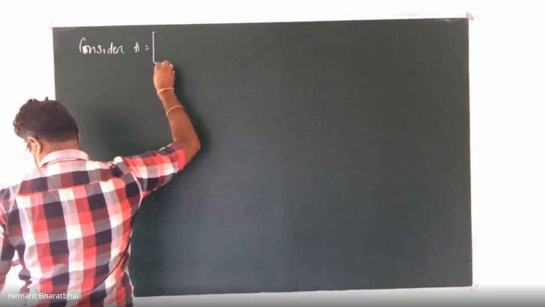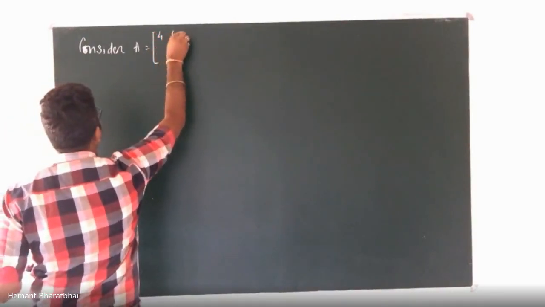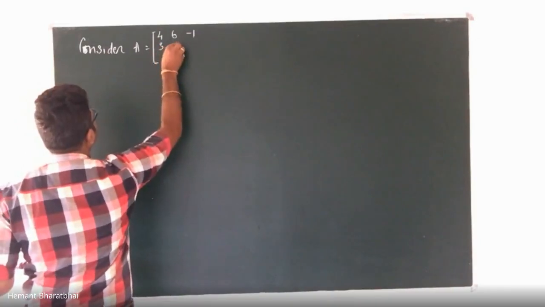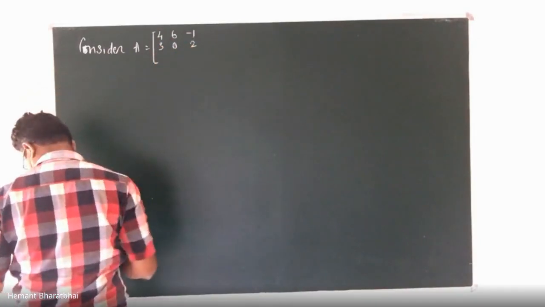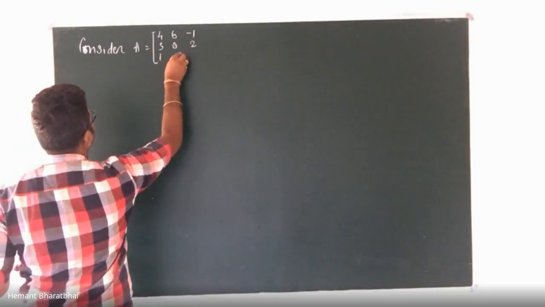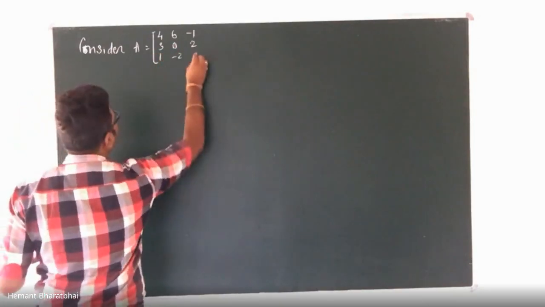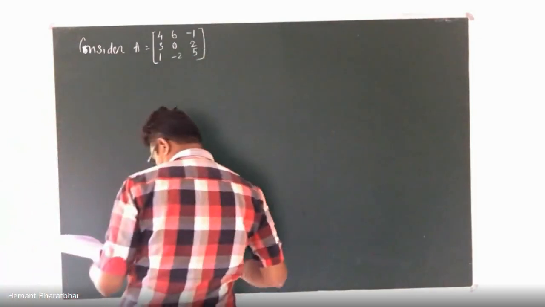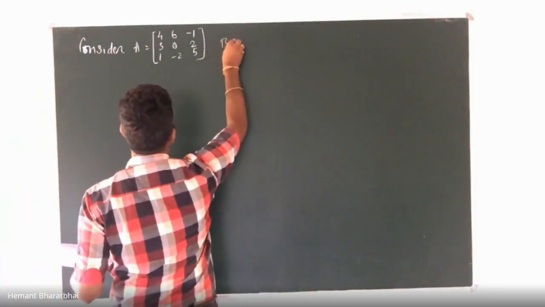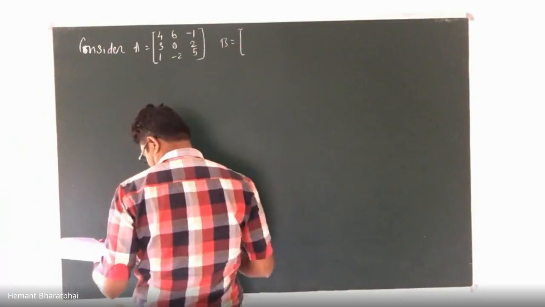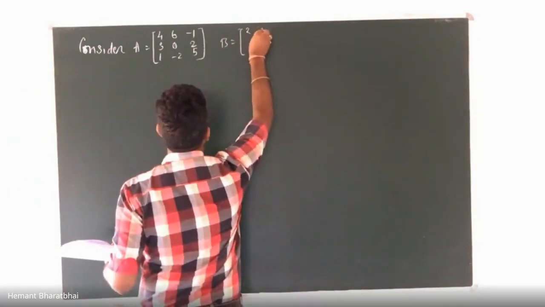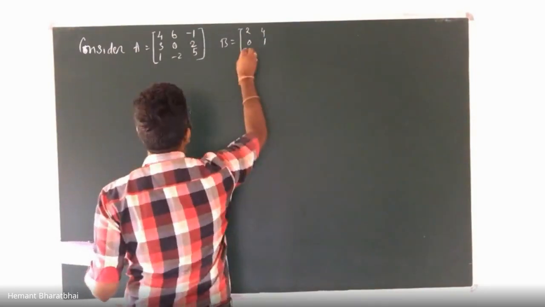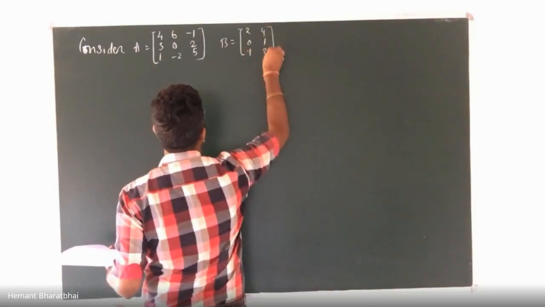Matrix A is 4, 6, minus 1; 3, 0, 2; and 1, minus 2, 5. Matrix B is 2, 4, 0, 1, minus 1, 2.